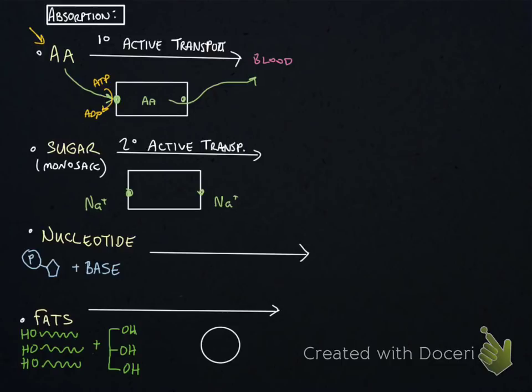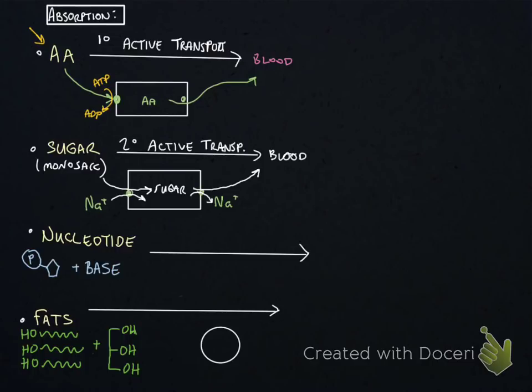So sodium is going to move down its concentration gradient, and sugar hitches a ride. So now we have this sugar inside of the cell, and then sugar again moves down its concentration gradient, allowing sugar to catch a ride with it. So now we can have sugar in the blood.